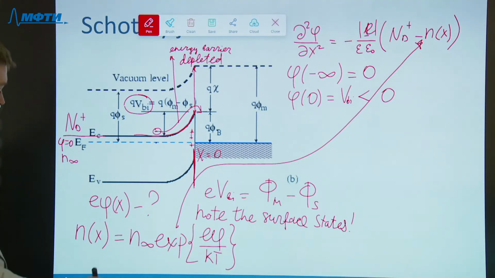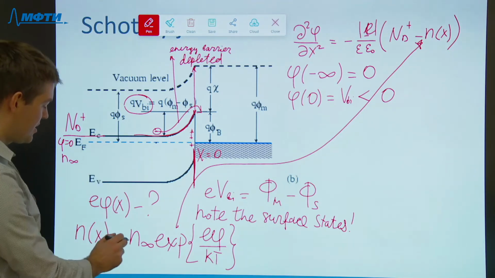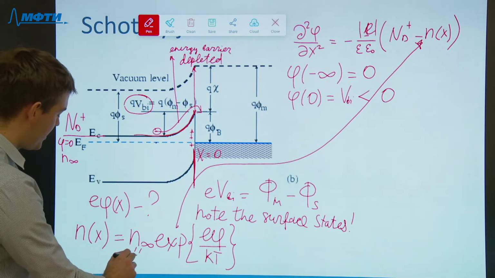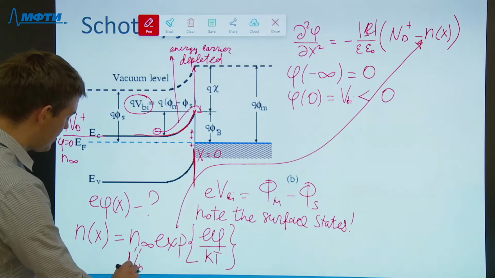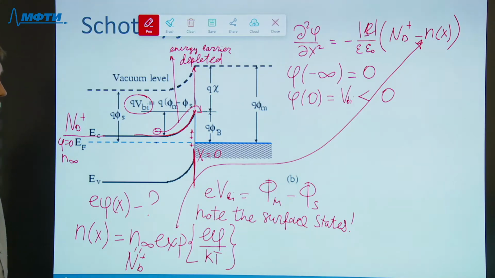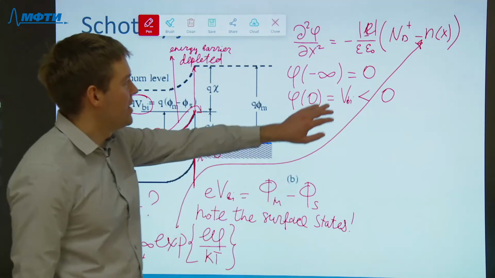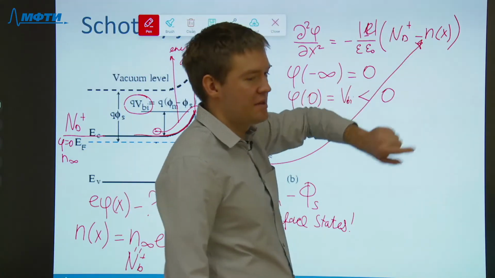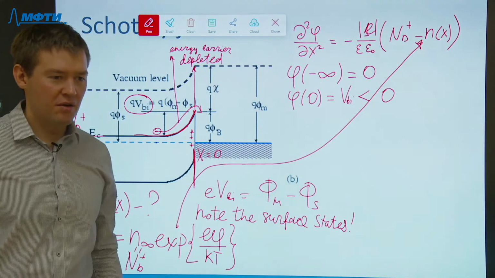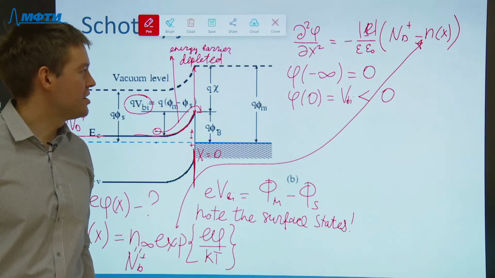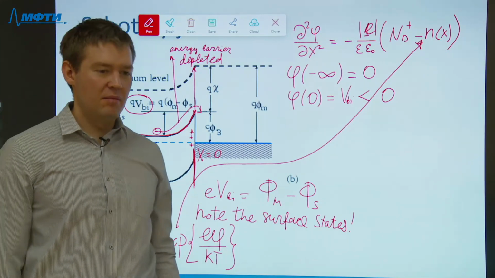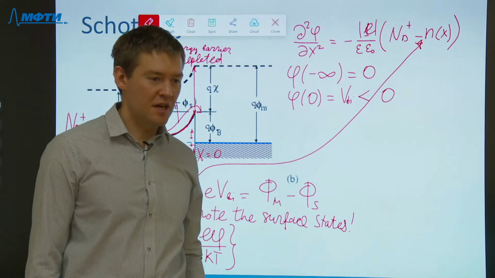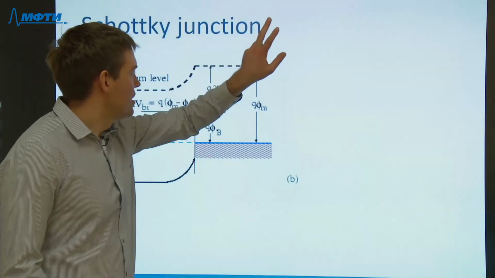The simplifying assumption is that the bulk of the semiconductor is neutral, therefore the density at infinity equals the density of donors, and the right-hand side would vanish at minus infinity. I think you can solve this equation exactly, but now we will pass to some approximations.